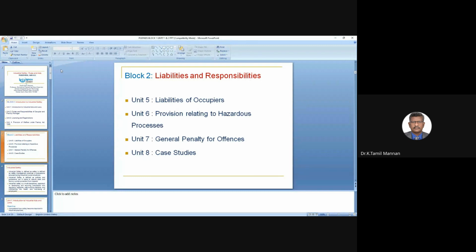Unit 5 deals with the liabilities of occupiers, and unit 6 deals with the provisions relating to hazardous processes. Unit 7 covers general penalties for offences, what the various offences are and what the penalties are for the respective offences, and various case studies in industry.